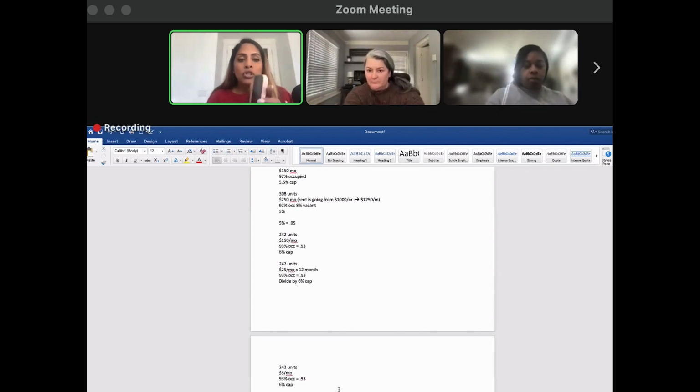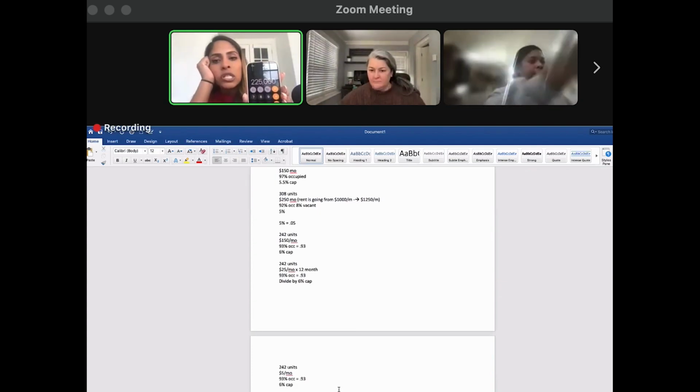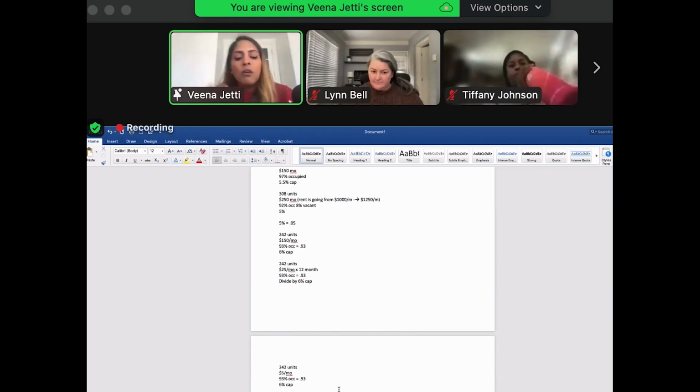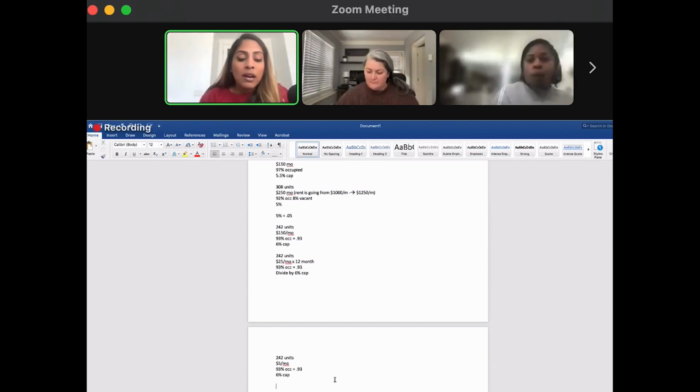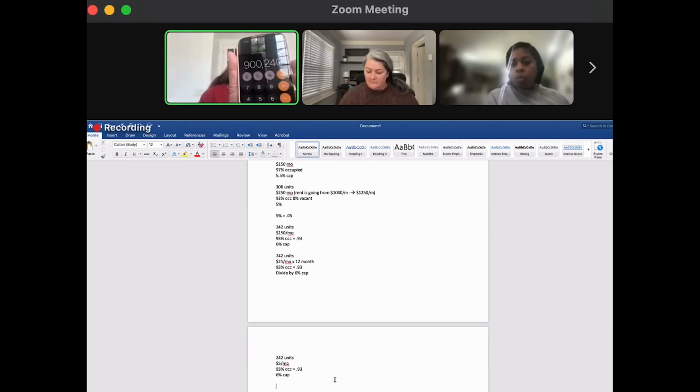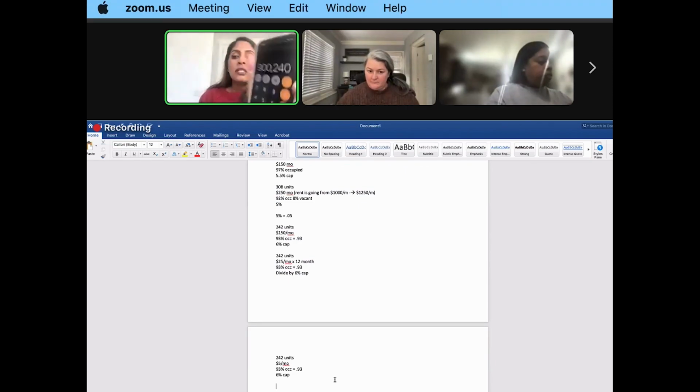That adds $225,000 of value to the asset by adding just $5. Now, if we were to add $10, it's going to add $450,000. If we add $20, that takes it almost to $1 million, to $900,000.